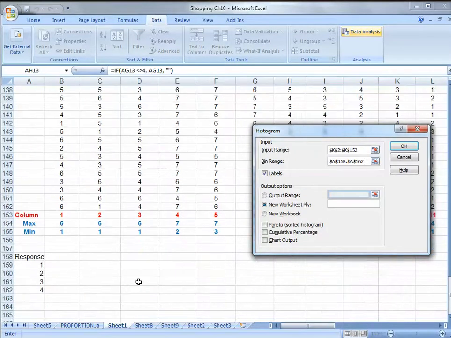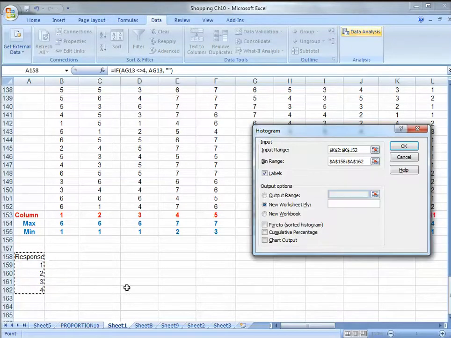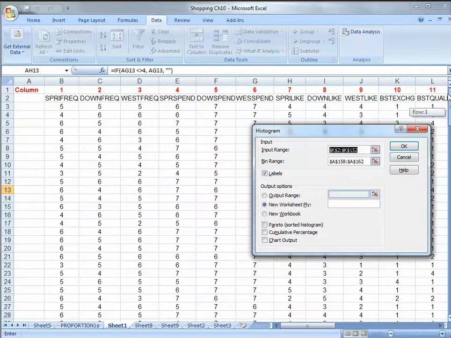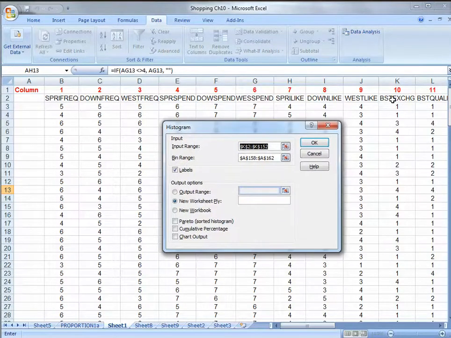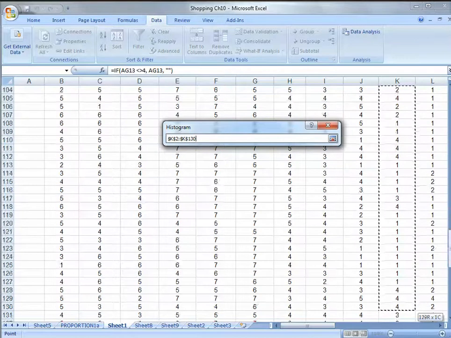Yes, I've left it here. Remember, these are the values that the response can take, and they were 1, 2, 3, and 4. Input values, I'm looking at column 10. We're first interested in who does the easiest exchanges.